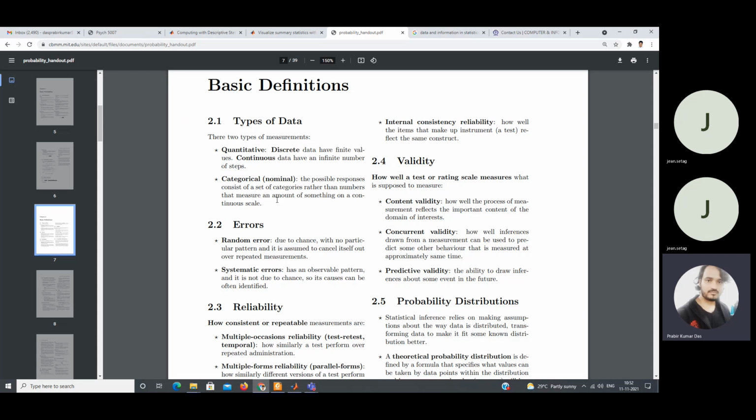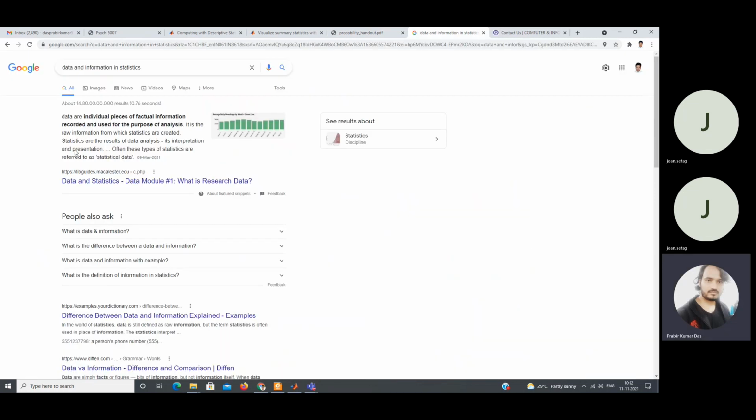In this way, data and information are two different things. Data could be meaningful or it may not be meaningful for your particular purpose. But information is what we are actually looking for. Data are the individual pieces of factual information recorded and used for the purpose of analysis.